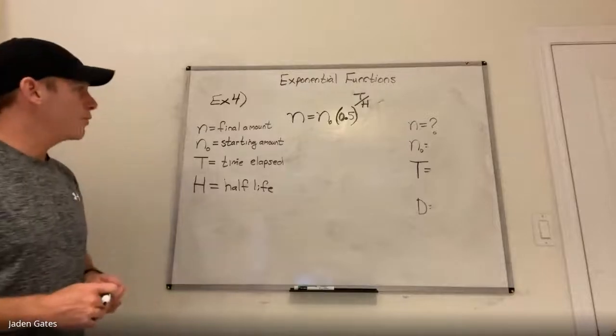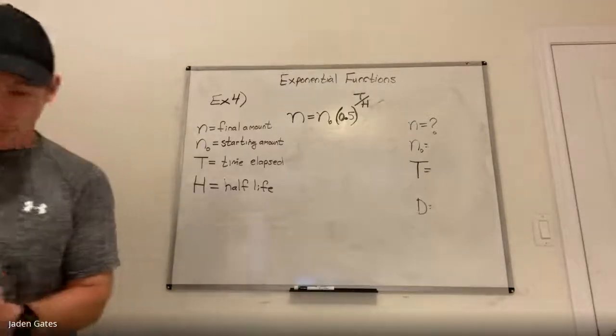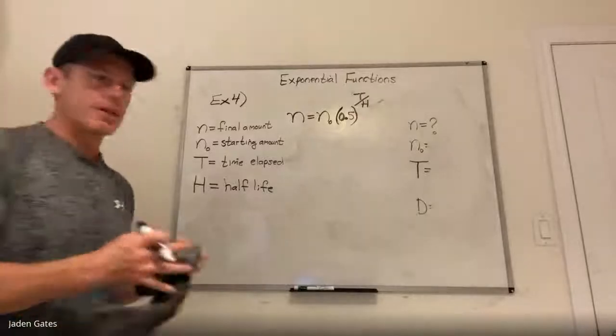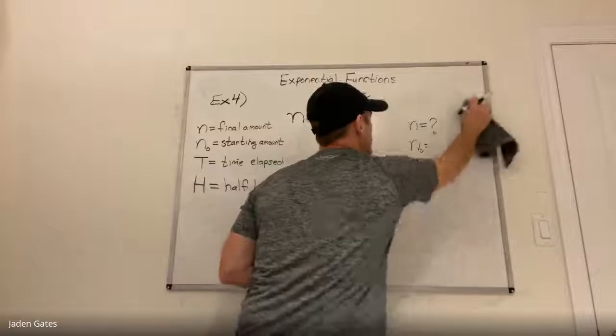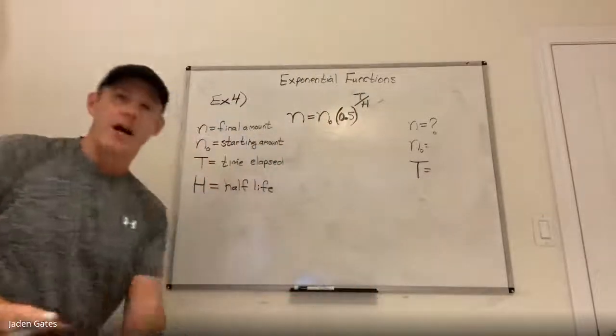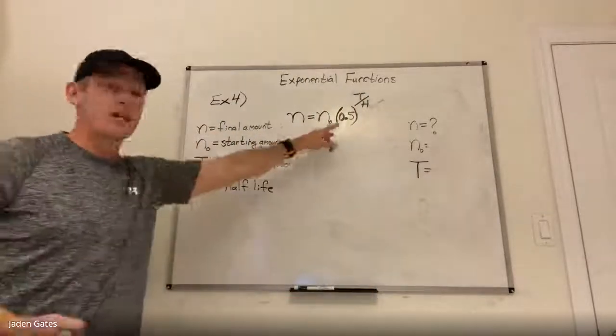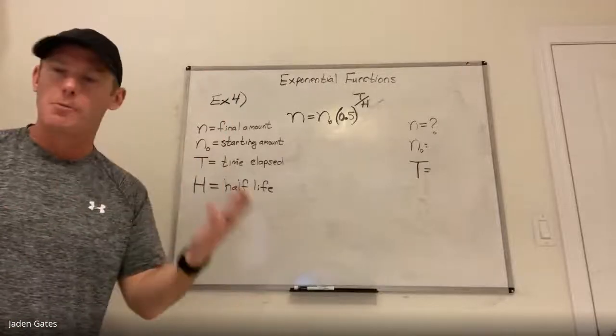All right, so there's a new formula for us. So very similar to the doubling times, except D is replaced by H, and instead of a 2 as our multiplying factor, we are now having a half, because this is now exponential decay, because things are getting smaller.